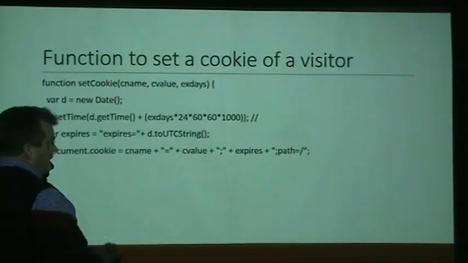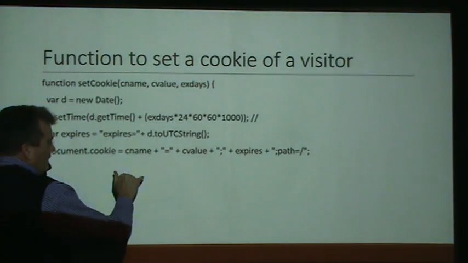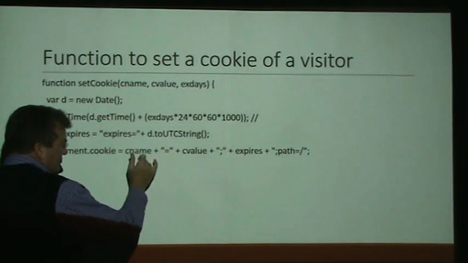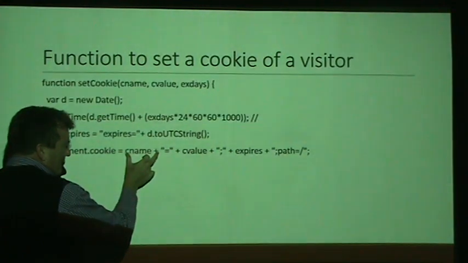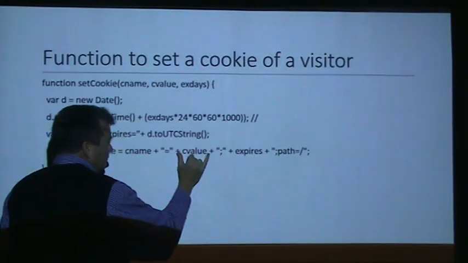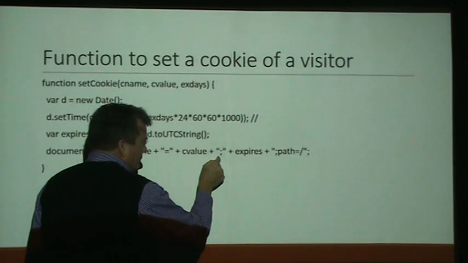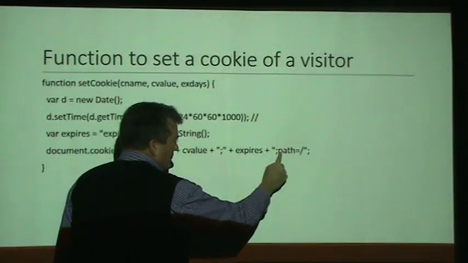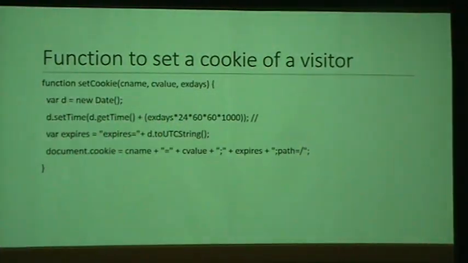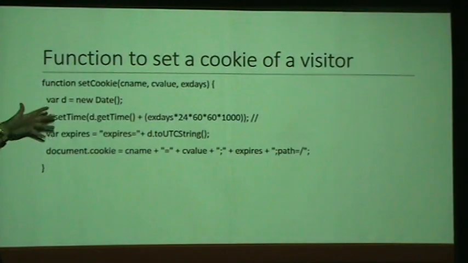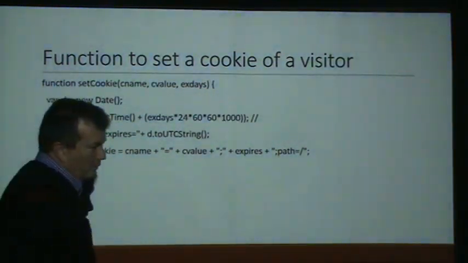We're not blowing away the cookies from before. So we'd say the cookie name, so now we're doing string operations: cookie name plus the equal sign, plus the value, semicolon, plus expires, and then when it expires, and then the path. So this could be a function you would have in your JavaScript in all of your web pages, and then you could just call it if you want to set a cookie value.